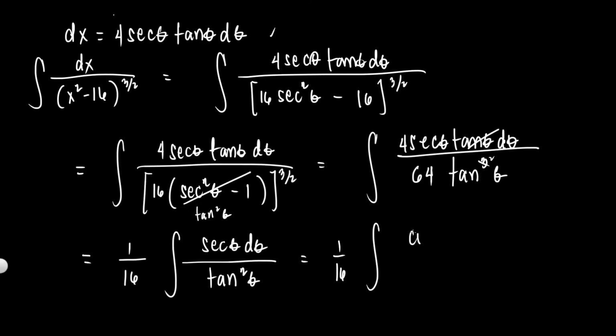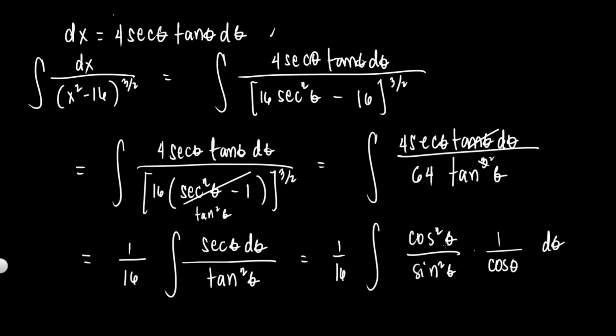Cosine squared theta over sine squared theta. Okay, now yun namang secant theta is 1 over cosine theta. So times 1 over cosine theta. And of course, don't forget the d theta.